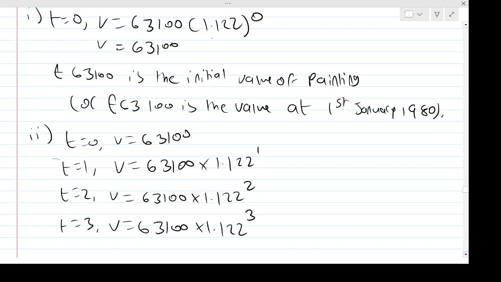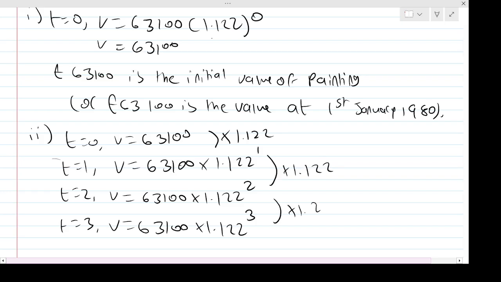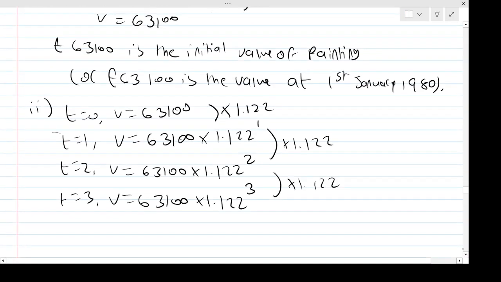So what do you see noticing? Each year, we're multiplying the value by 1.122. And then obviously the next year after, from year 1 to year 2, is another 1.122. Then from year 2 to year 3, we multiply again by another 1.122. And so this 1.122 is a multiplier, right?